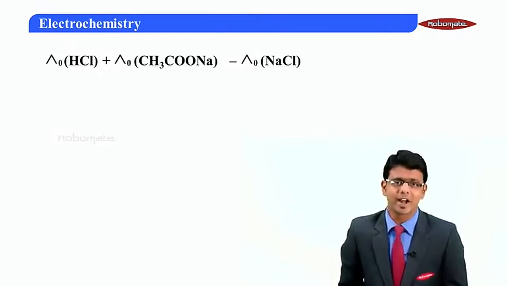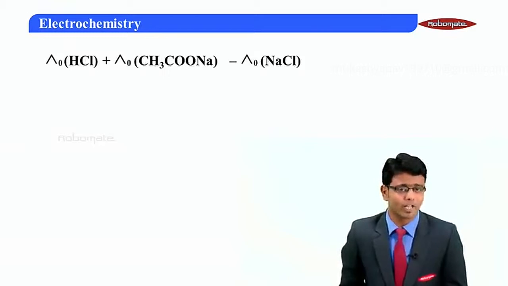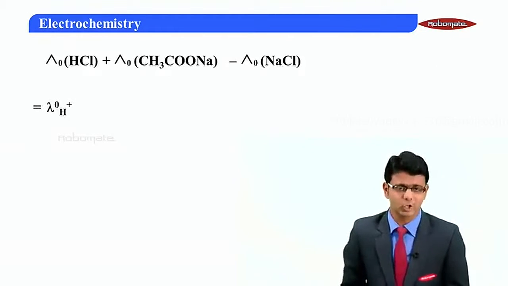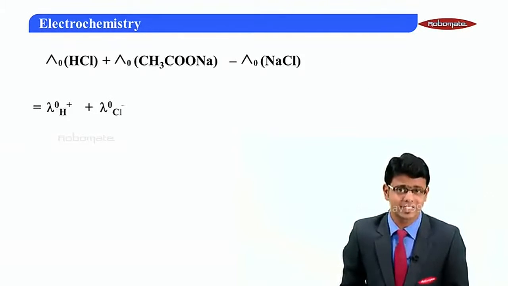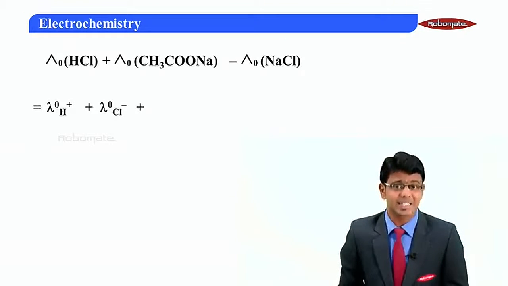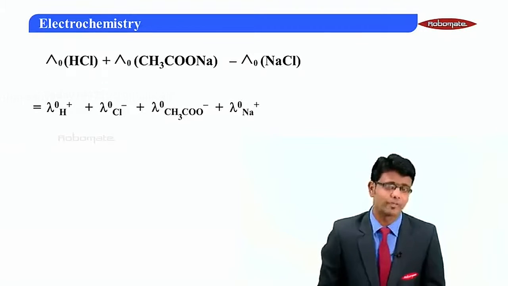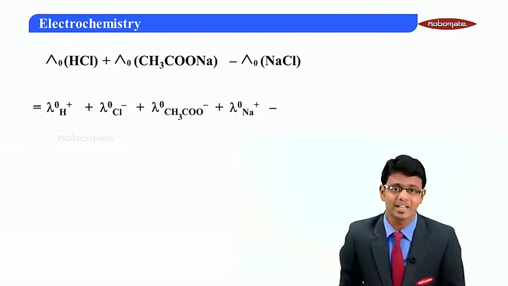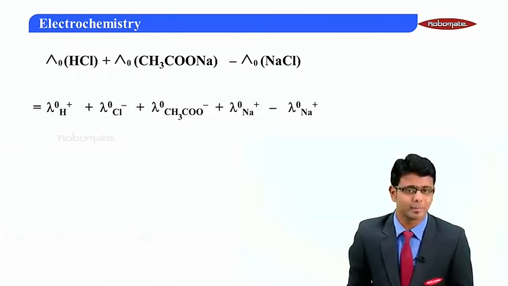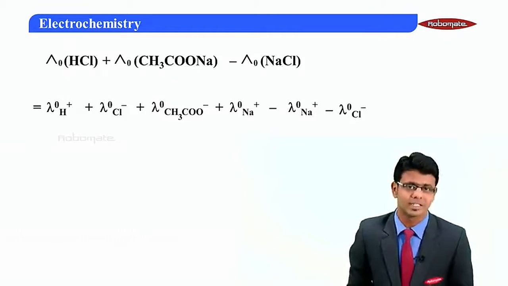Simply writing the lambda naught values of the corresponding ions: lambda naught of H plus, lambda naught of Cl minus, plus lambda naught of acetate ions, plus lambda naught of Na plus, minus lambda naught of Na plus, minus lambda naught of Cl minus.